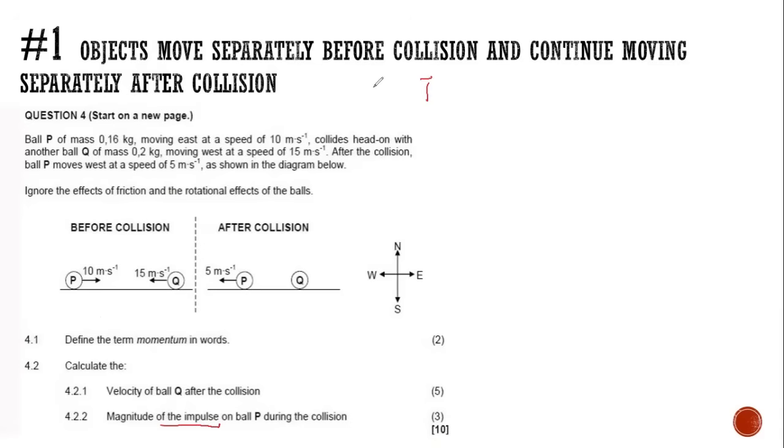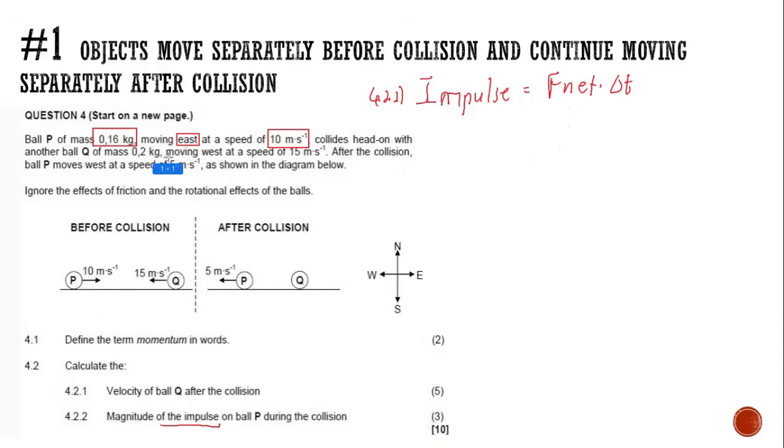And then we did mention for 4.2.2 that impulse is equals to F net multiplied by delta T. But throughout all the statements here, we've highlighted the data, and we saw that with the data here for ball P, there is nothing to do with F net and delta T. We have not been given the net force. We have not been given the delta time. Now the question is, how are we supposed to calculate the impulse if we don't have F net and we also don't have delta t.